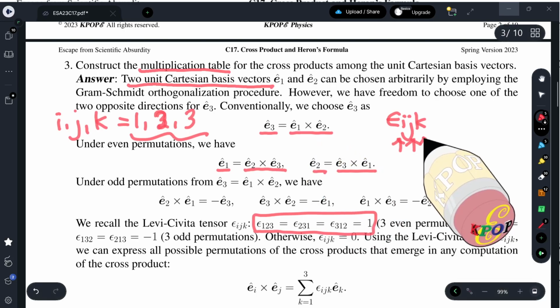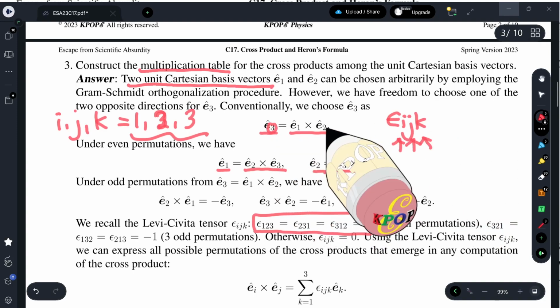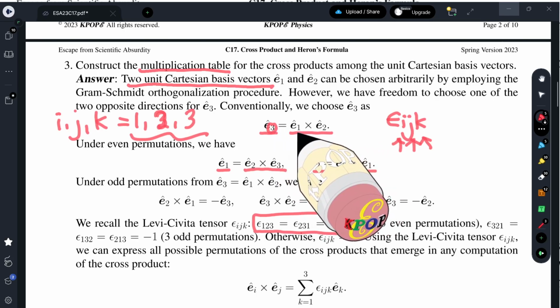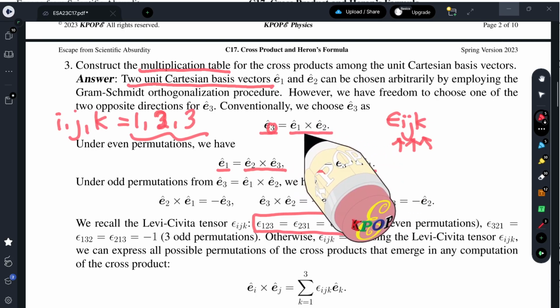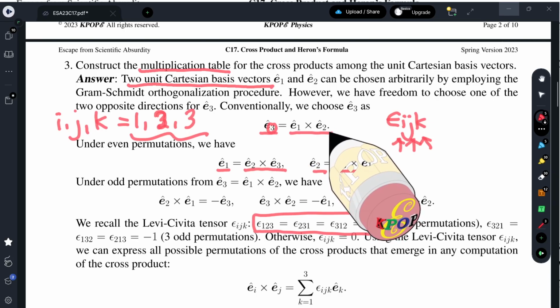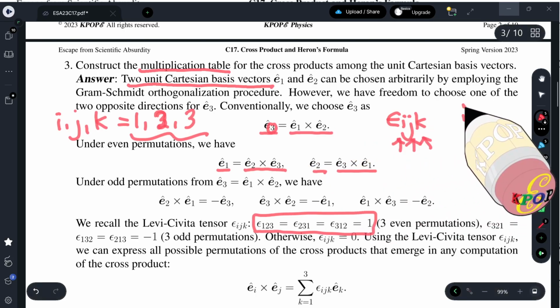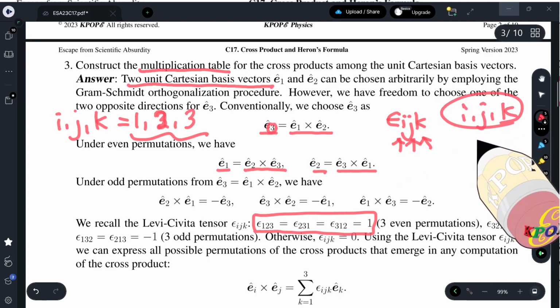And next we consider k. K survives only if k is different from i and j, because this one survives only if i is different from j. So as a result, all of the indices i, j, k must be different.